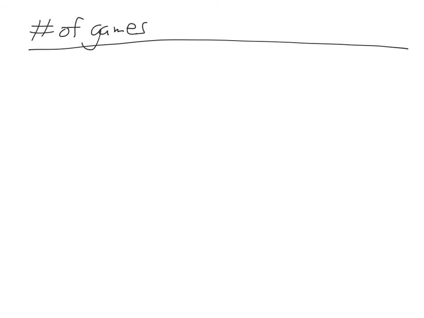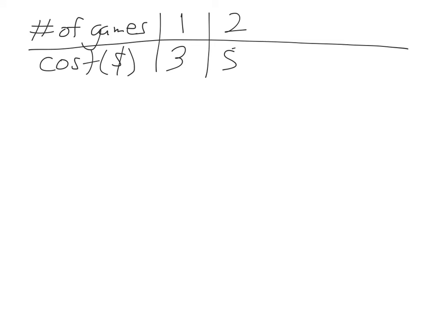Now take a look at this chart. I have the number of games, and I have the cost of the game. So one game costs $3, and we're going to do this in dollars. And 2 games cost $5, and 3 games cost $7, and 4 games cost $9.